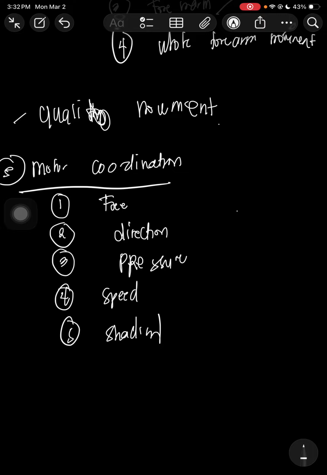When we say rhythm in handwriting, rhythm in handwriting is a succession of connected uniform strokes working in full coordination.